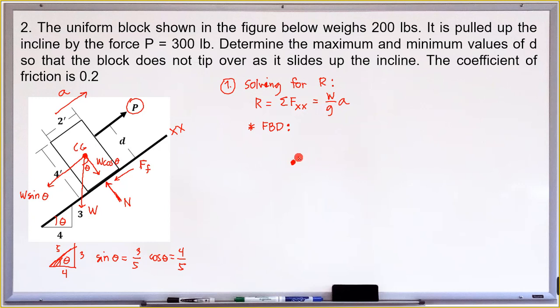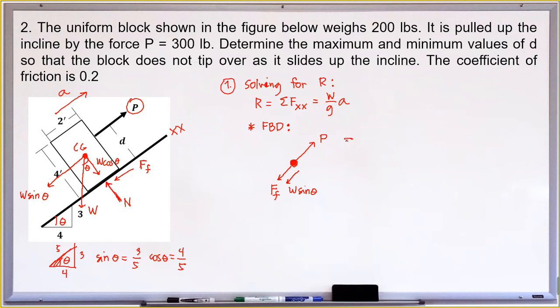So again, as we did in the previous discussion, we align all the forces at the center of gravity. So we have the force P, the frictional force FF, then the component forces of the weight. That is W sine of theta. Okay, I think that's all for the forces that interact along the axis XX. Okay.